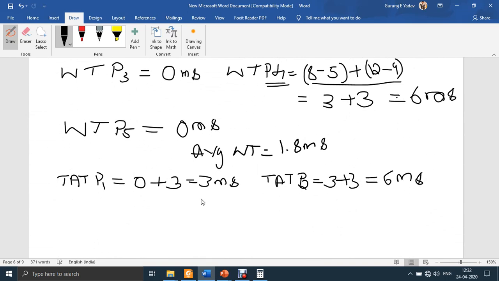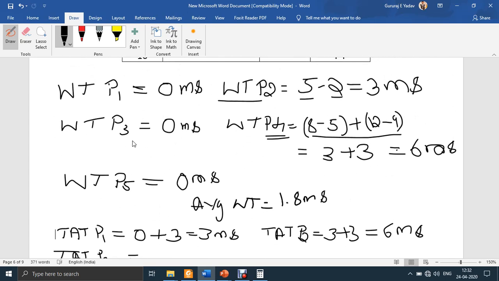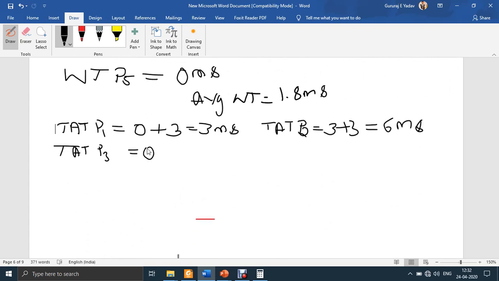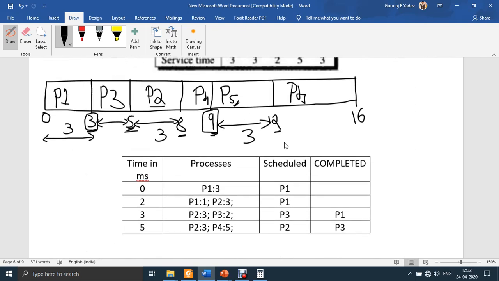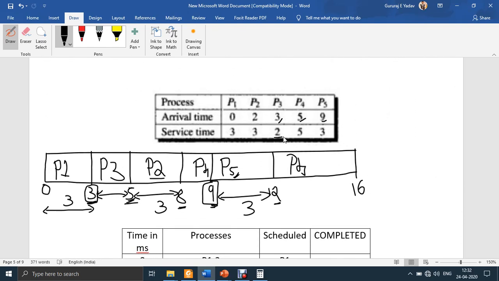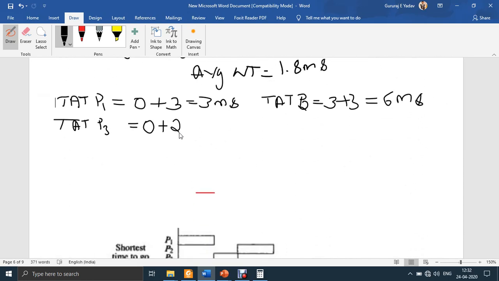This is TAT for P2. So what about TAT for P3? Waiting time for P3 is 0 plus service time for P3. Service time for P3 is 2. So it is 2 milliseconds.